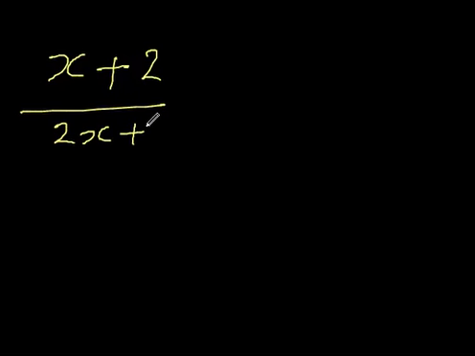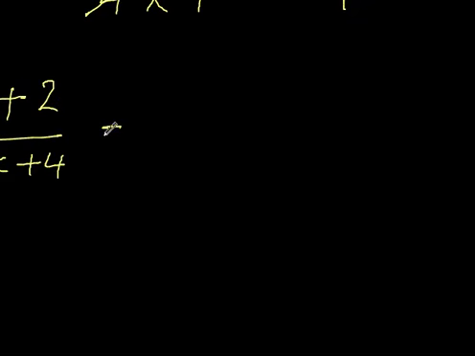I've got a question: x plus 2 over 2x plus 4. Now x plus 2 has got two terms, but it's a unit factor. So I need to somehow simplify that.